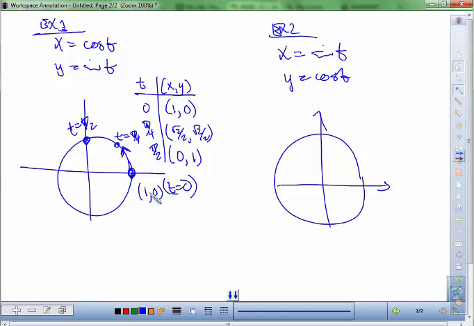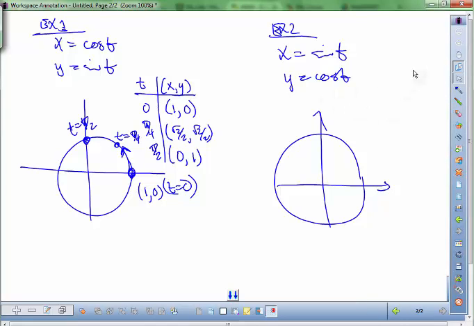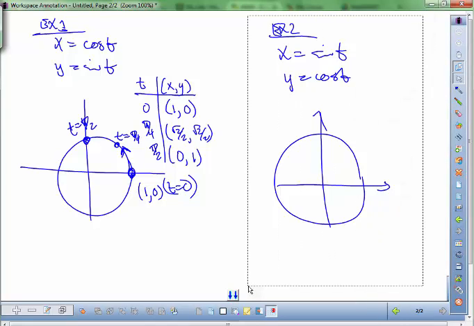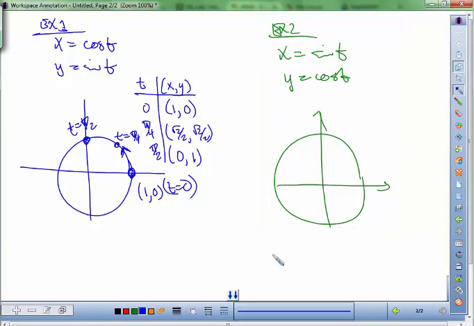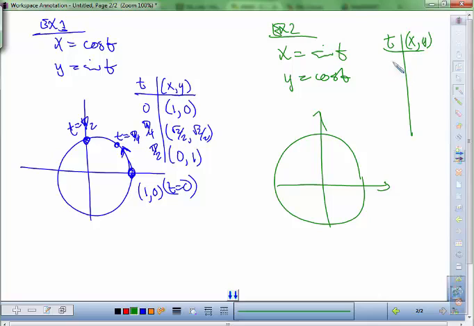Now compare that to this green graph. If we made that table, when t is equal to 0, sine of 0 is 0 and cosine of 0 is 1, so we are starting off in a different place already.